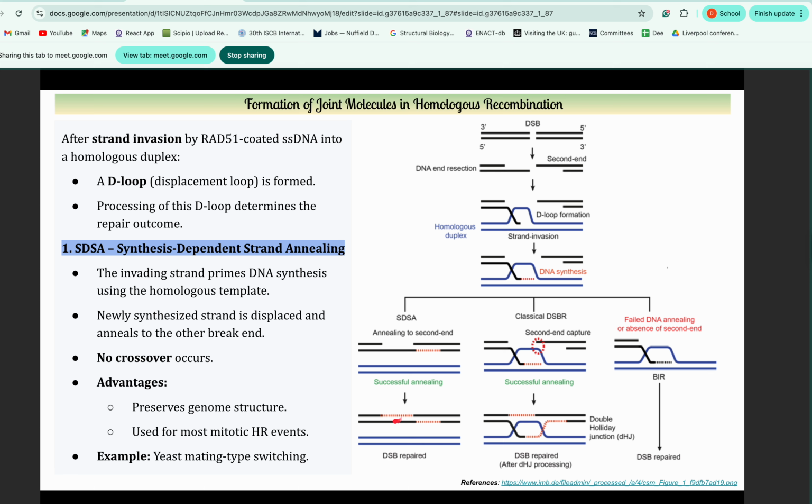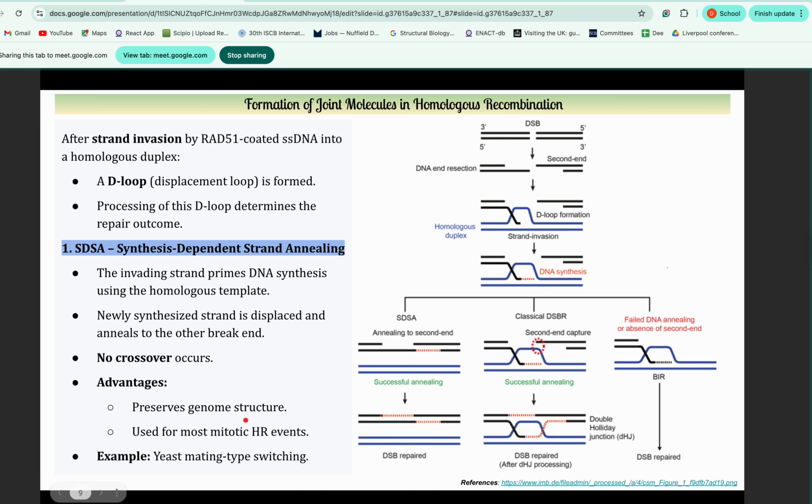The red dot represents the newly synthesized DNA, which is complementary to our sister chromatid. So in both the parts, this new DNA has been synthesized complementary to our sister chromatid. So no crossing over has happened in this case.